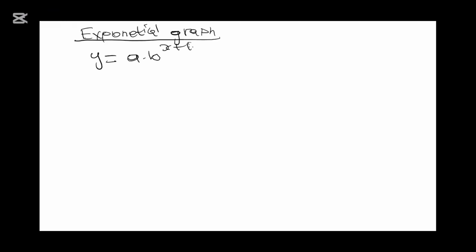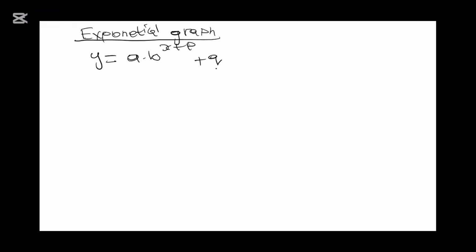Alright, now let's look at our last one, which is exponential. Bless me. Exponential graph. So our exponential graph is y equals a times b to the power x plus p, plus q.